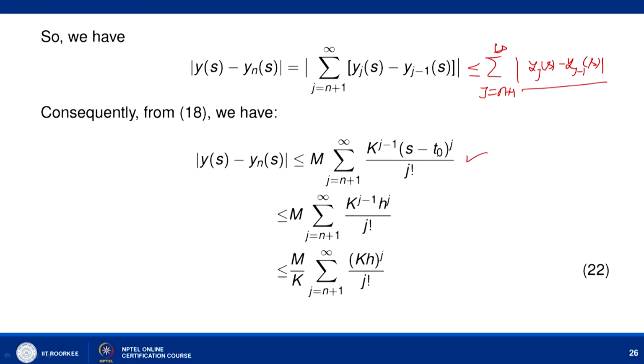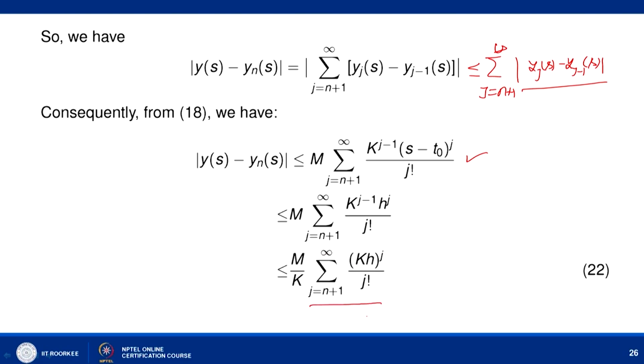Now again we can simplify this. s minus t naught is bounded by h. So, we can write this as M times the sum from j equals n plus 1 to infinity of K^(j-1) h^j upon factorial j. Again we can multiply by K and divide by K, and write M by K times the sum from j equals n plus 1 to infinity of (Kh)^j upon factorial j.